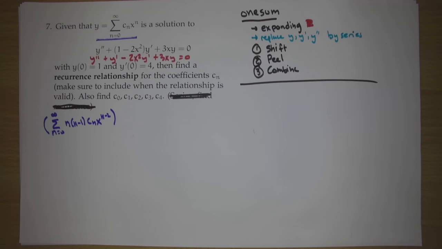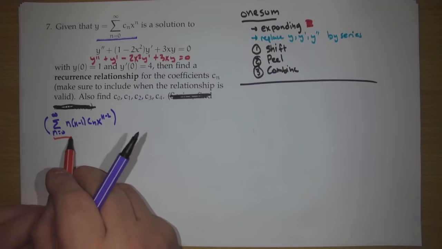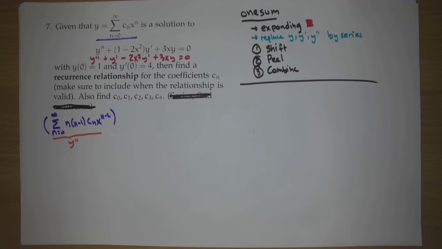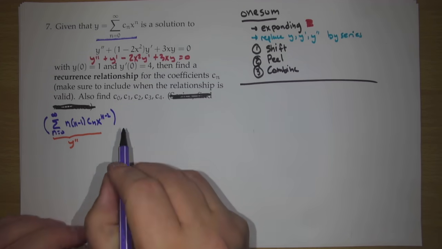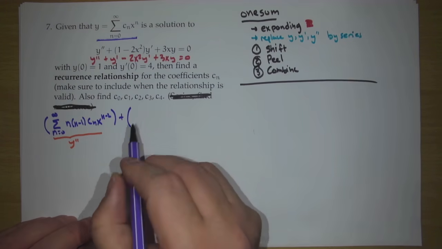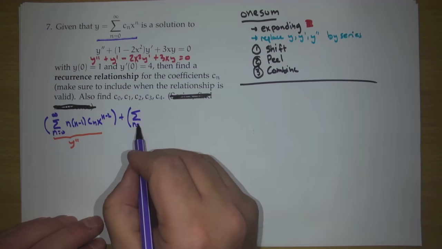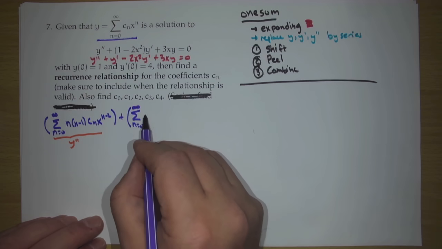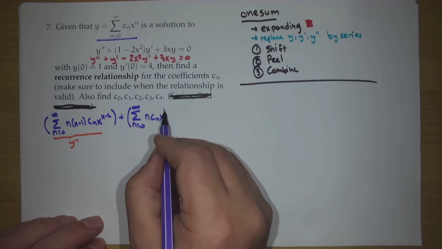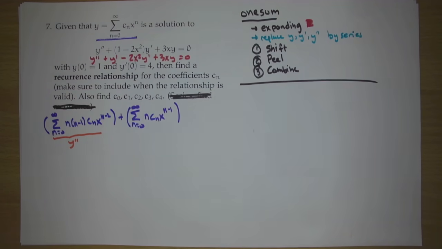Second time, n minus 1 comes down, x to the n minus 2. So this part is the y double prime. Plus y prime. Sum n equals 0 to infinity, n c_n x to the n minus 1.